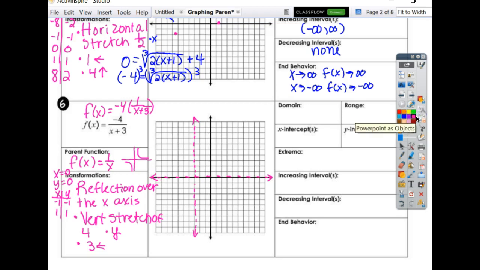So then use your little stars, and we did 1, 1, and -1, -1. So I'm going to start with 1, 1. So the first thing is the reflection over the x-axis. So this moves here.